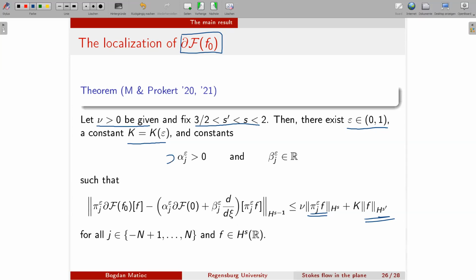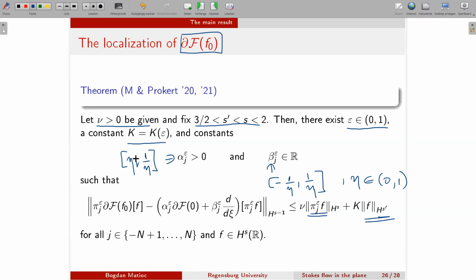And here these constants are uniform with respect to j and epsilon, always in an interval between eta and 1 over eta. Respectively, the constants beta j epsilon are between minus 1 over eta and 1 over eta, so they are bounded, where eta is some fixed constant between 0 and 1, and eta depends only on f naught, the function where we linearize.